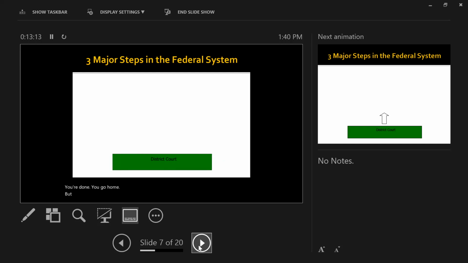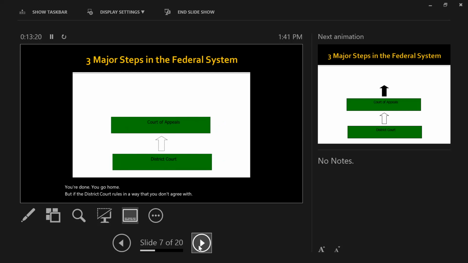But if the district court rules in a way that you don't agree with, you would take it to the Court of Appeals.